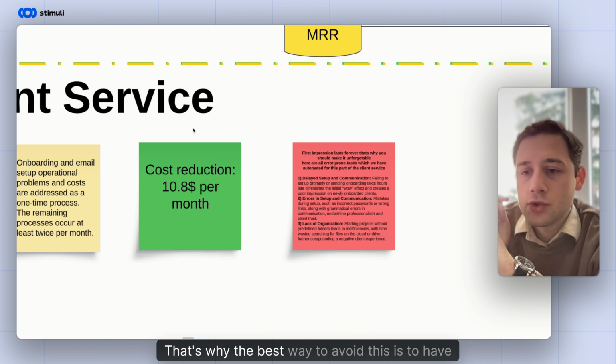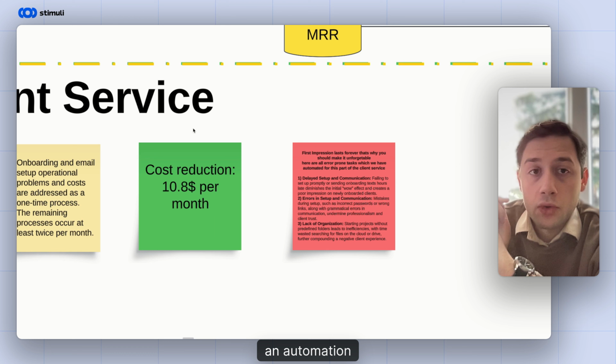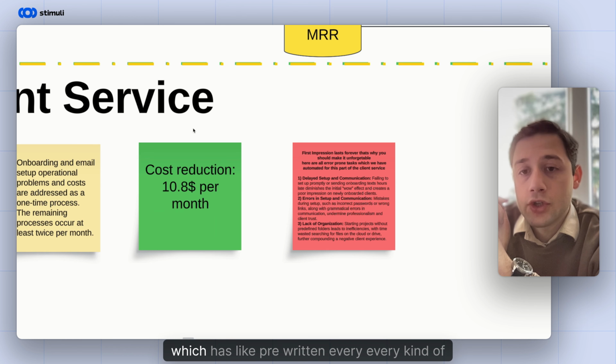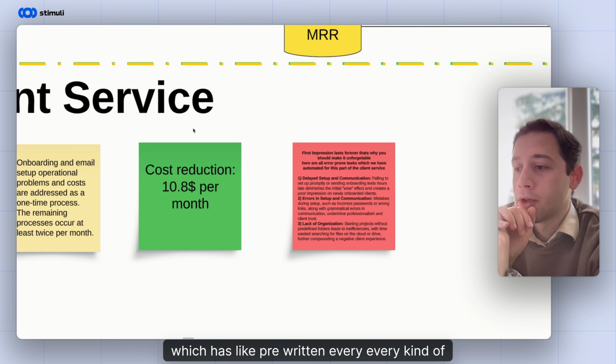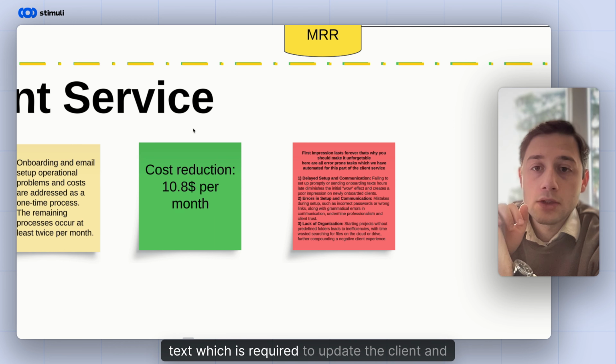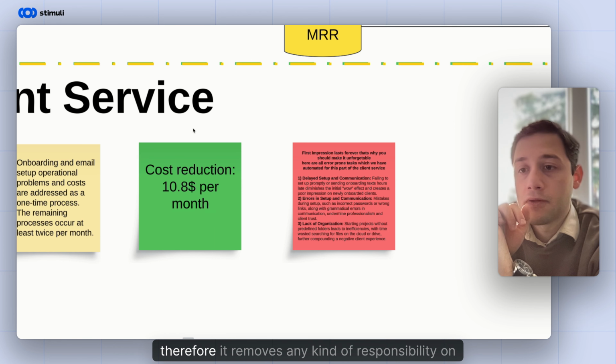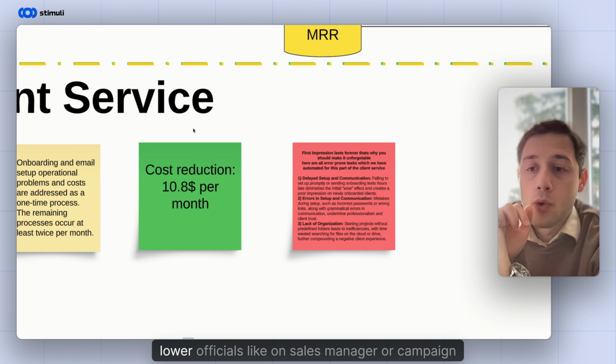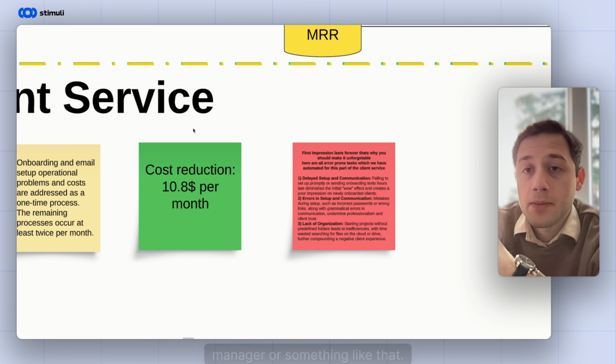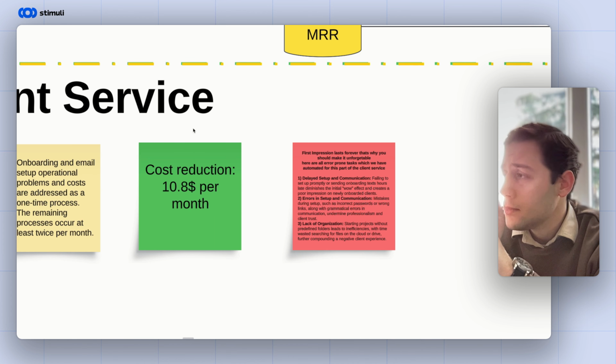The best way to avoid this is to have an automation which has every kind of text required to update the client pre-written, and therefore it removes any kind of responsibility from lower officials like a sales manager or campaign manager or something like that.